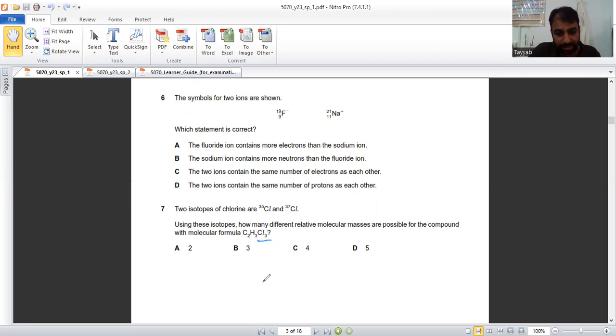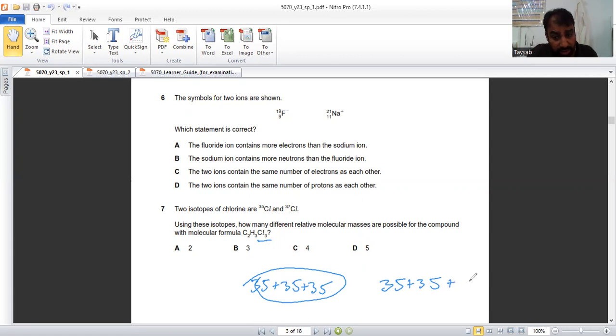One possibility is that all chlorines are 35, 35 plus 35. This is the first option. The second option is that two chlorines are 35, 35, and one chlorine is 37. Okay, this is the second option. The third option is one is 35 and two are 37, 37.